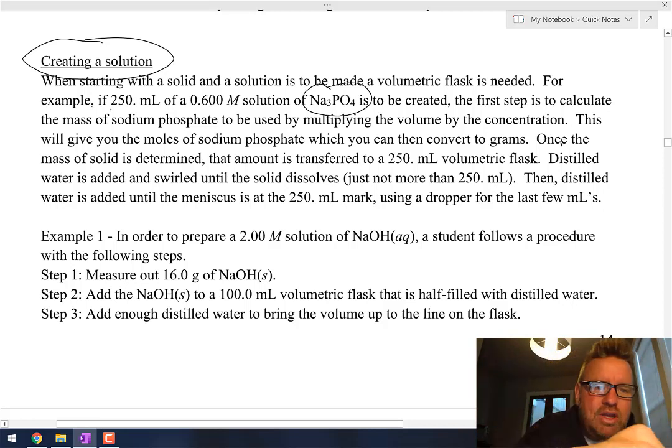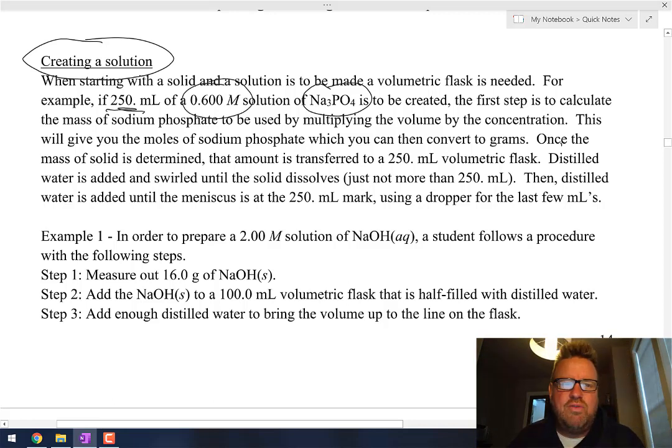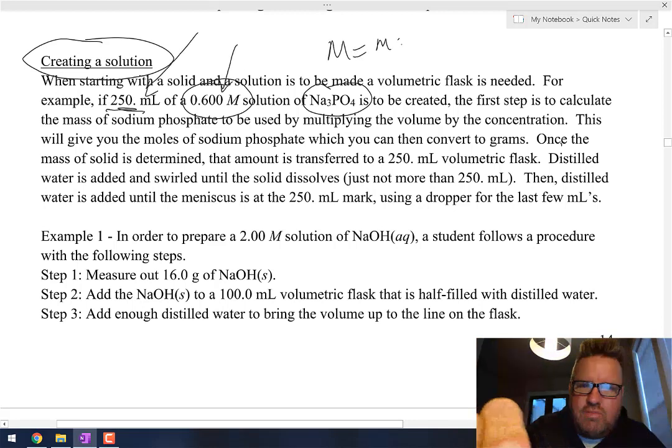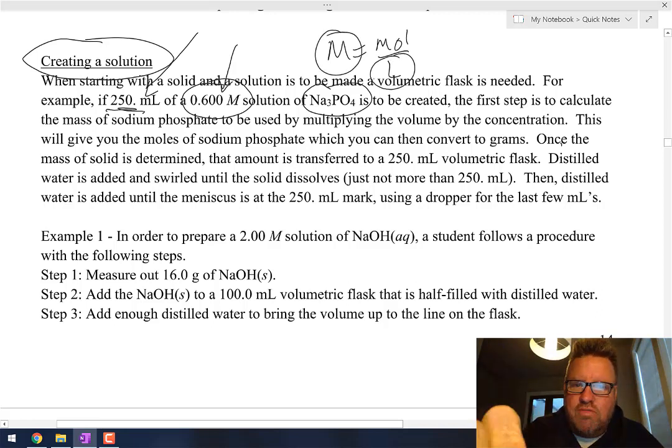So if I'm going to make 250 milliliters of a 0.6 molar solution of Na3PO4, the first thing I have to do is figure out what mass of sodium phosphate I need. To do that, we take the concentration and multiply by the volume. Since molarity equals moles over liters, and we know the molarity and the volume, we can move the volume over to the other side, and that will get us to moles.